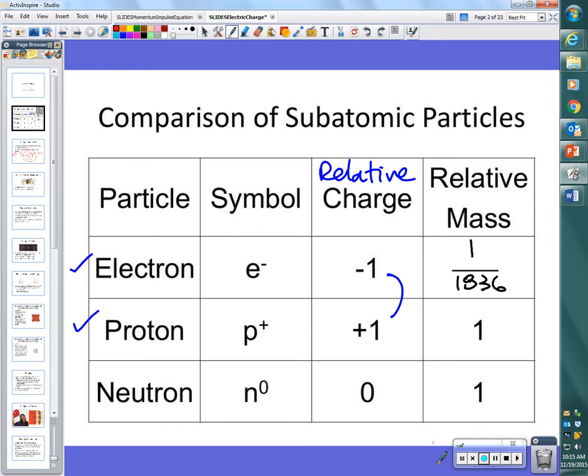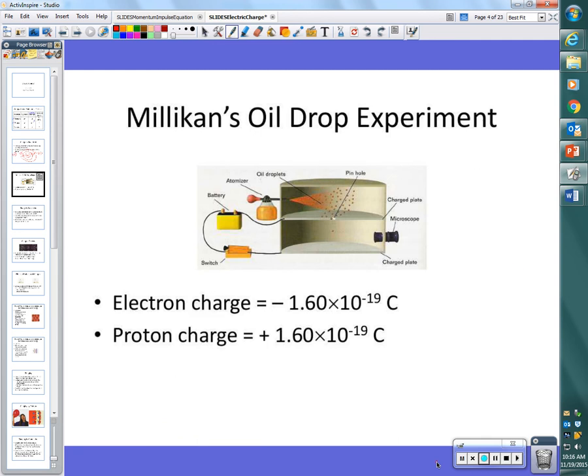There's no unit here. Okay? We measure the amount of charge in a unit that we call the coulomb. A guy named Robert Millikan in the 1930s, if I remember properly, did an experiment that we call the oil drop experiment, where he measured the charge of 1 electron.